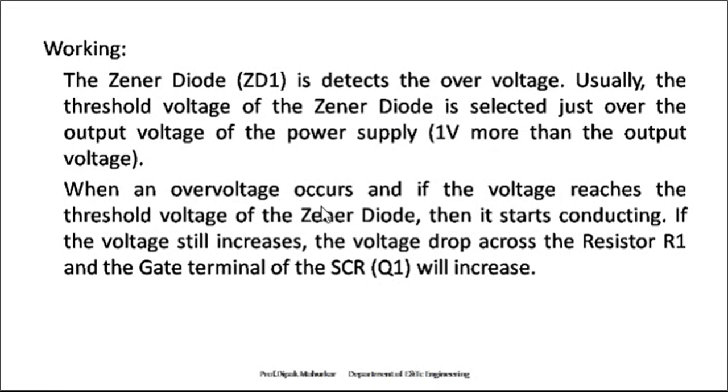When over voltage occurs, if the voltage reaches the threshold voltage of the Zener diode, then it starts conducting. If the voltage still increases, the voltage drop across the resistor R1 and the gate terminal of SCR Q1 will increase.